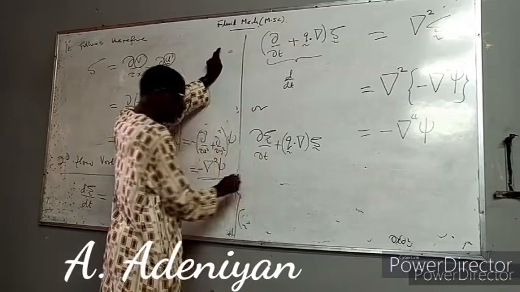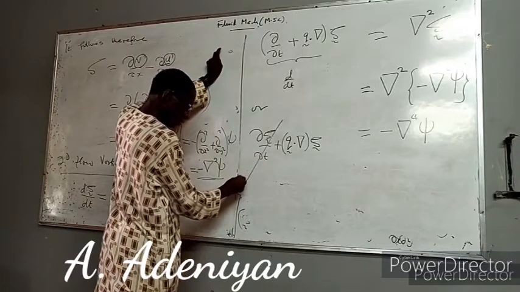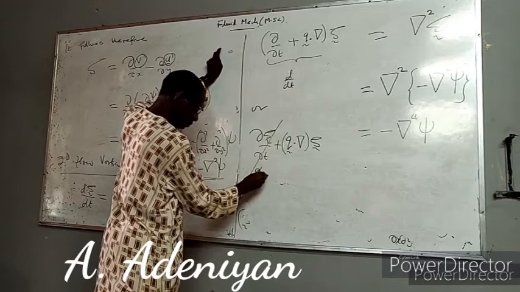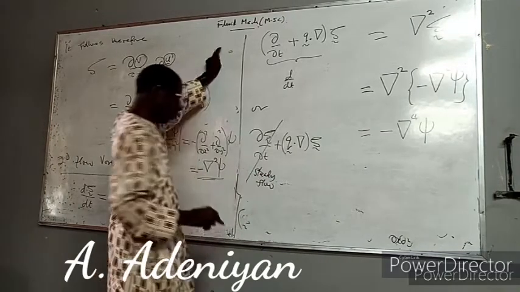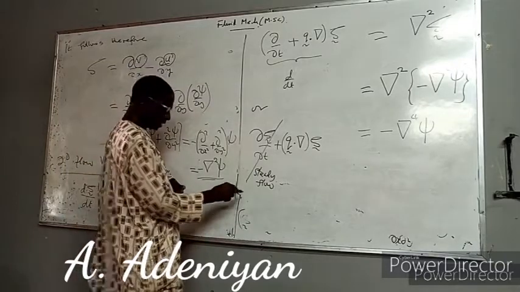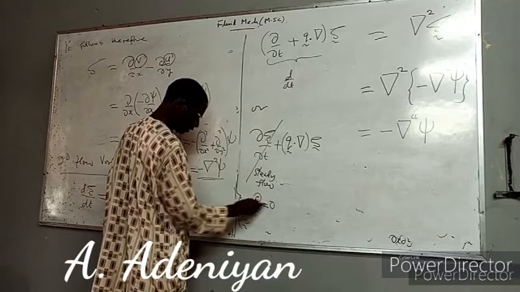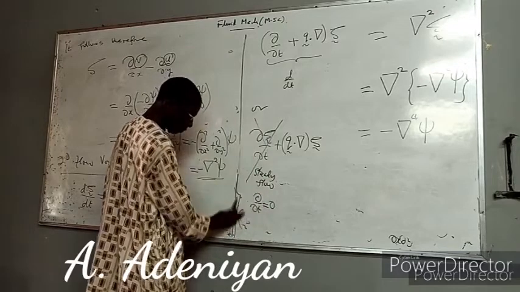What happens if the flow is steady? Steady means anything that goes with time must be what? Must be zero. Therefore, you cancel this.